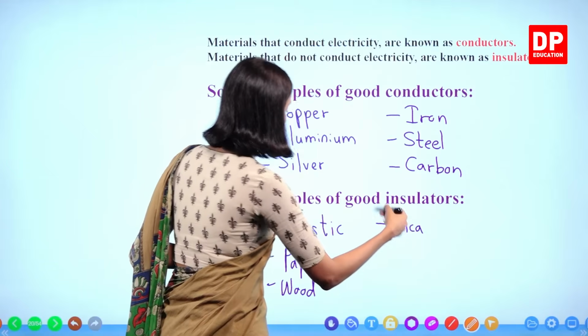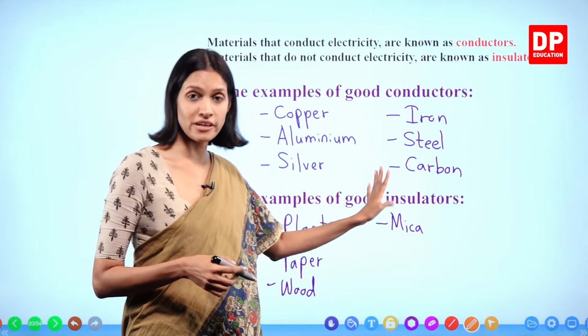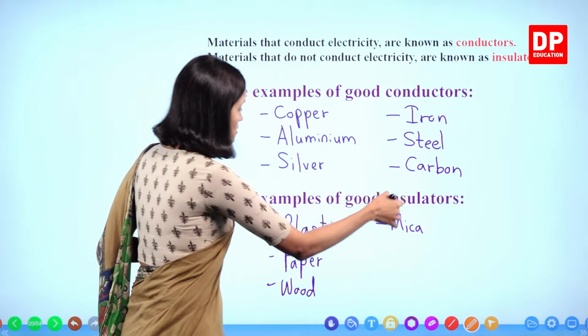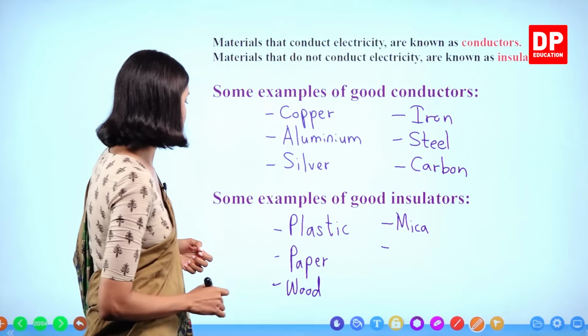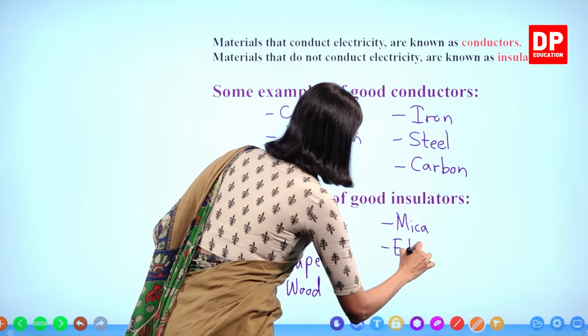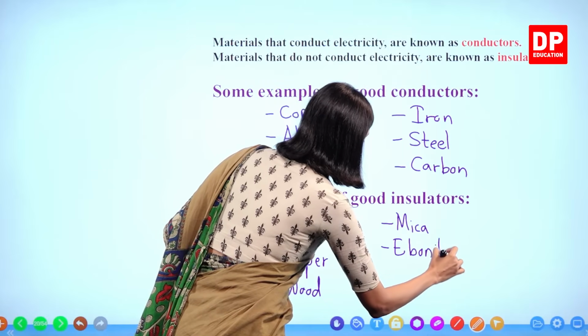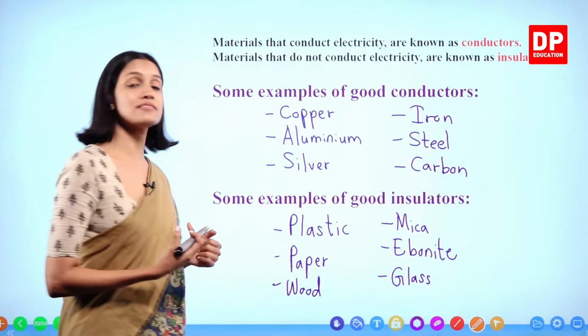Mica is used in a lot of electronic appliances to make the circuit board. Mica is a material that does not conduct electricity. And there's another material called ebonite. Glass also does not conduct electricity. There are many other materials that we can write.